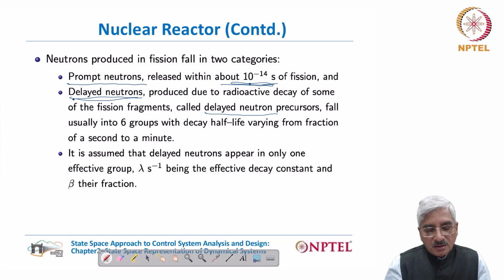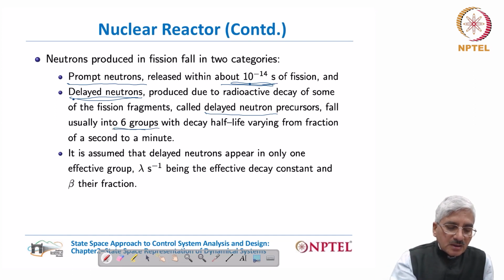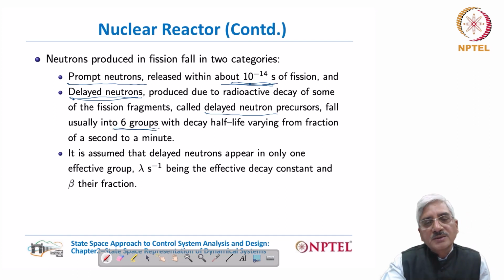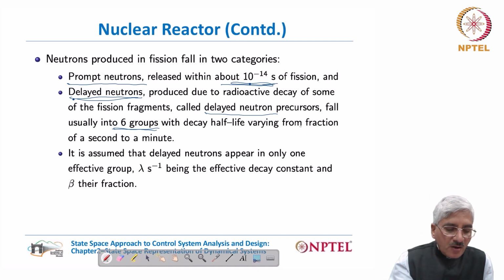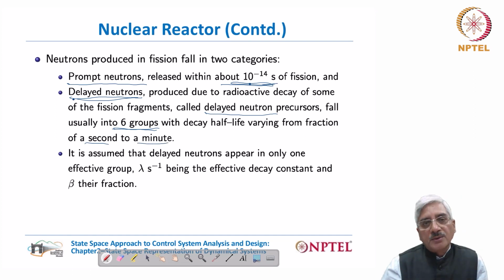It has been seen that such delayed neutron precursors, these fission fragments which give rise to delayed neutrons, they fall into 6 groups. There are 6 different groups of delayed neutron precursors, and accordingly 6 different groups of delayed neutrons. Their half-lives vary from a fraction of a second up to about a minute.